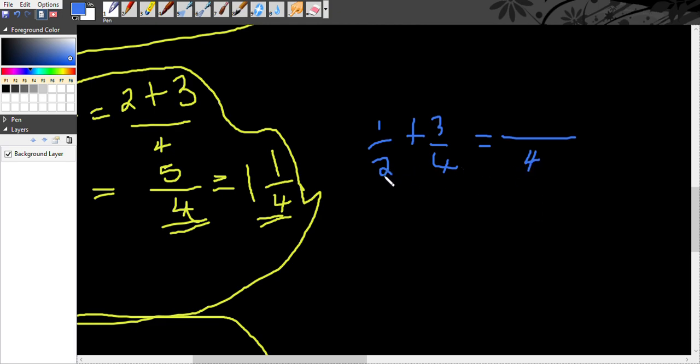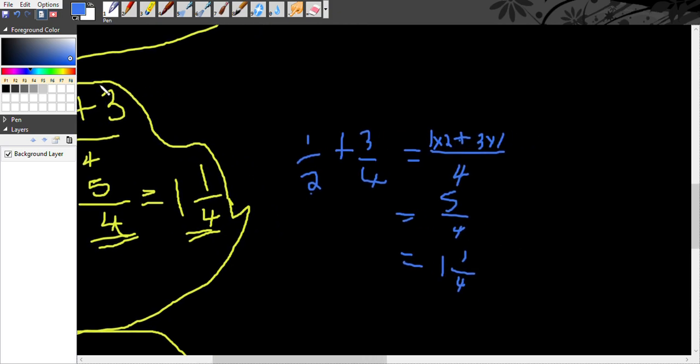In this case, how many times does 2 go into 4? There are 2 times, so we will multiply 1 times 2, plus, how many times does 4 go into 4? 1 time, so that will be 3. It will be 5 over 4, which is the same thing as 1 and 1 over 4.